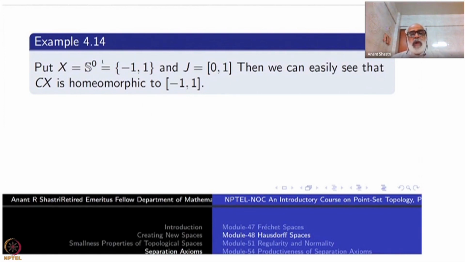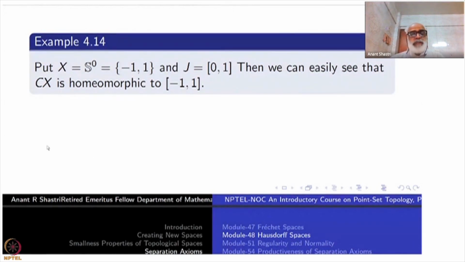As such, I have already told you that if you take S1, a circle, then the cone over that one will look like actually an ice cream cone or a funnel and so on. Okay, if you flatten it out, what you get is a disk, the two-dimensional disk.